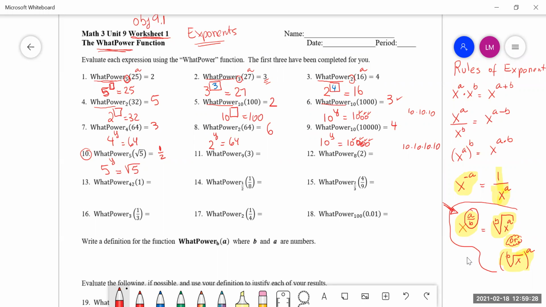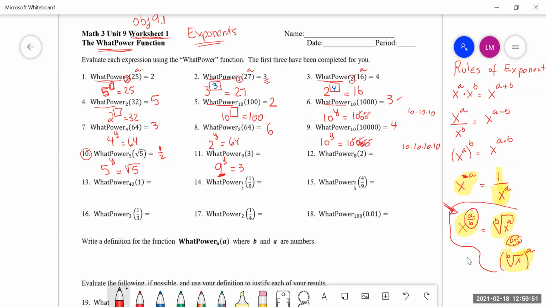What power do I take 9 to? 9 to what power gives me 3? Well, how did I go from a big base to a small number? I should have probably done something like a negative exponent. No, that doesn't make sense.